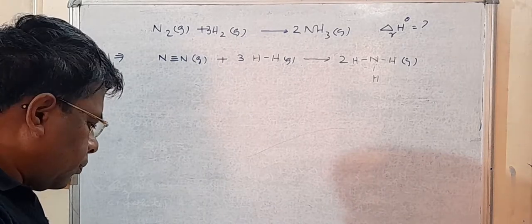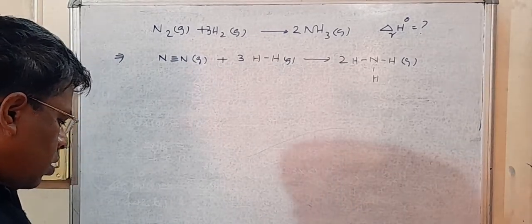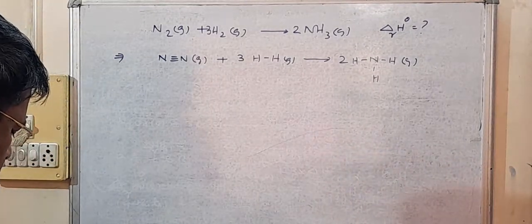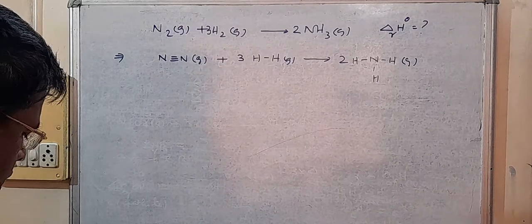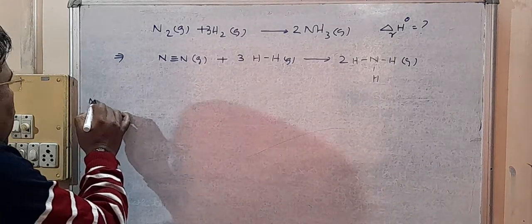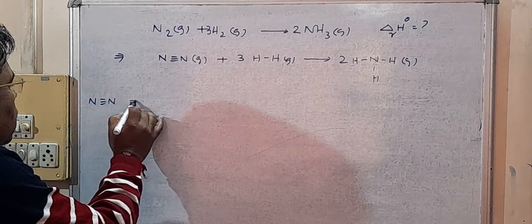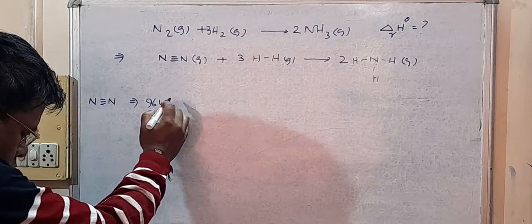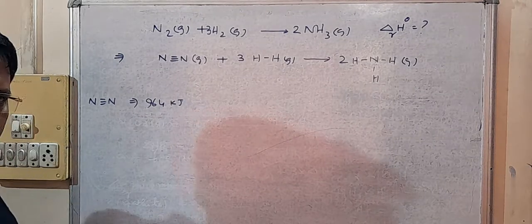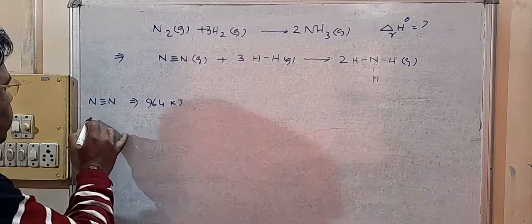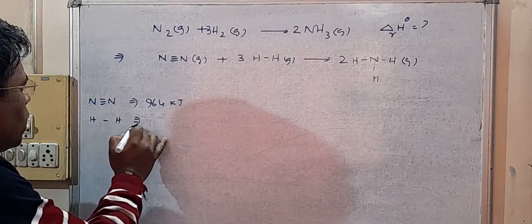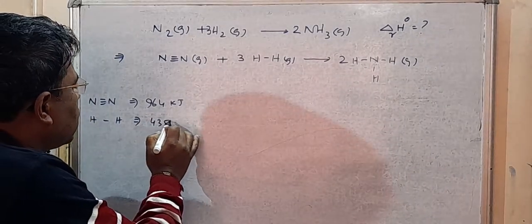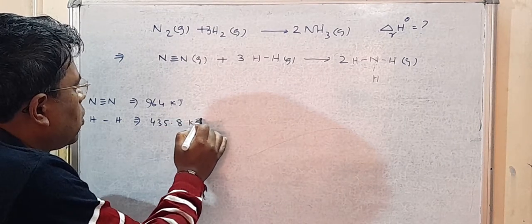Okay, now these bond energy values will be given to you in the question. Now for the time being, we are using them from the bond enthalpy table. In the bond enthalpy table we have N triple bond N, it is 946 kilojoules per mole. H single bond H value, it is 435.8 kilojoules per mole.